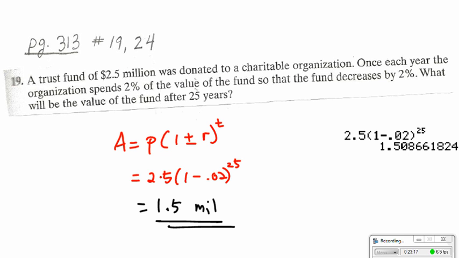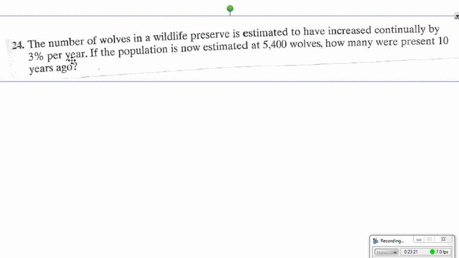Alright, the next question. Here the number of wolves increases 3% per year. So by the same way as before, how many were present 10 years ago? Now, if you think about this one, 10 years ago would have been the negative value.